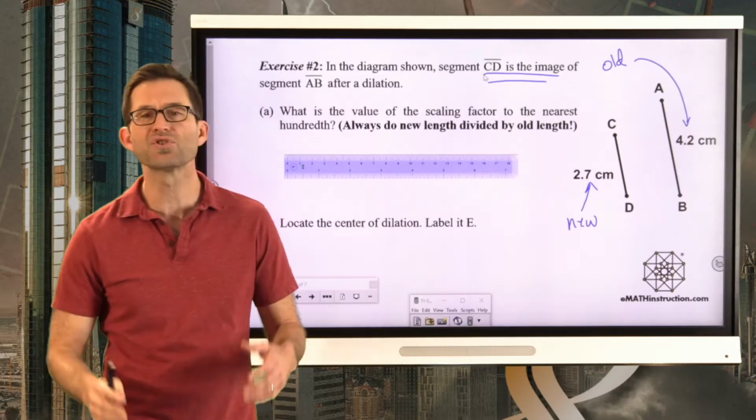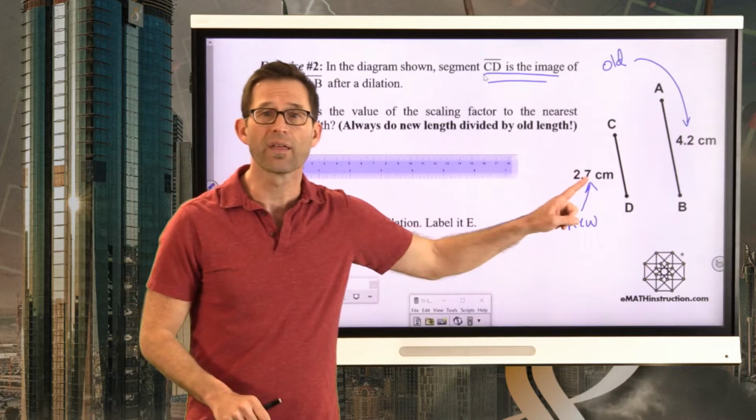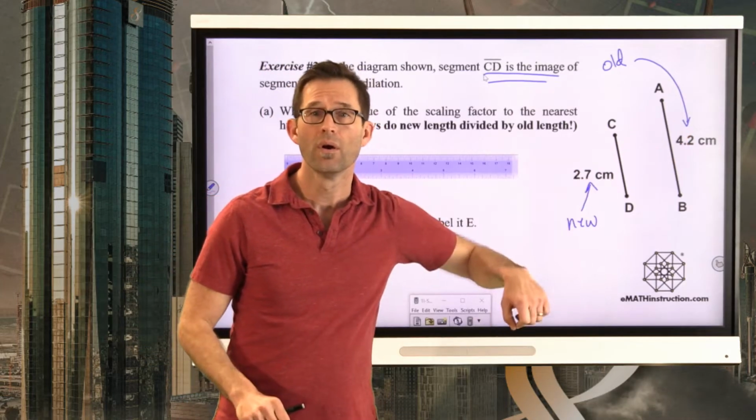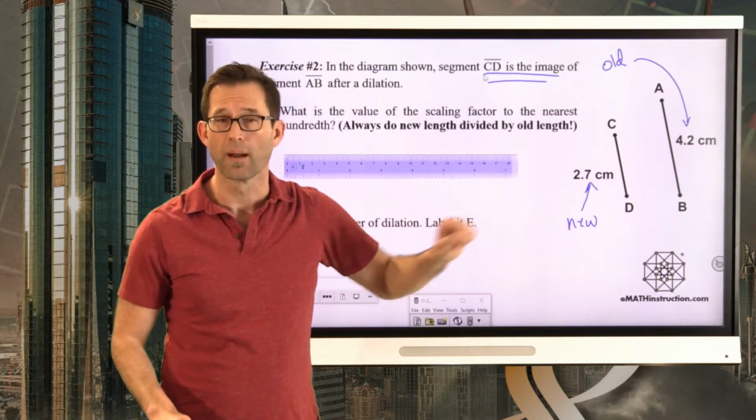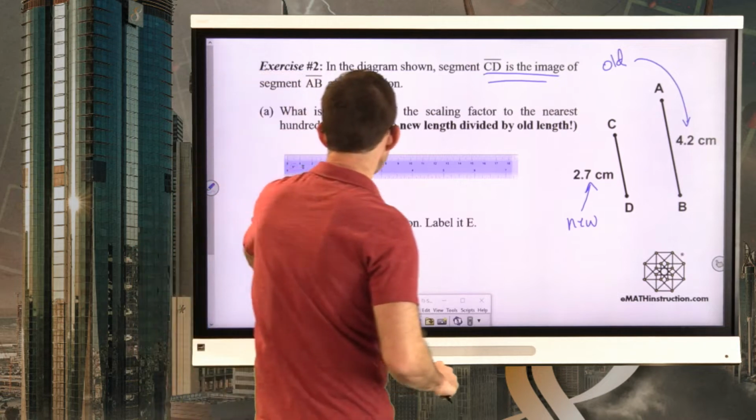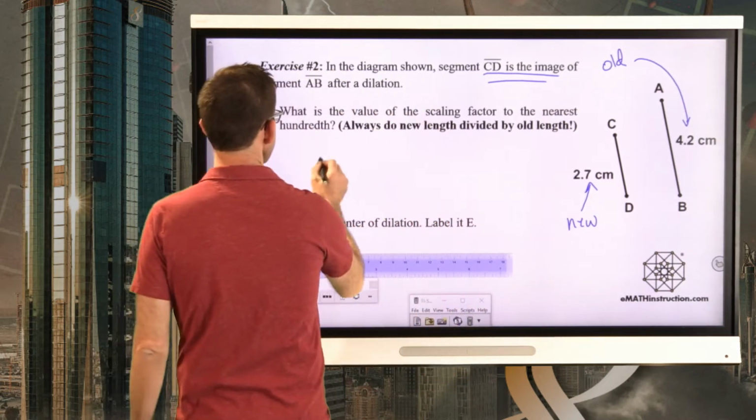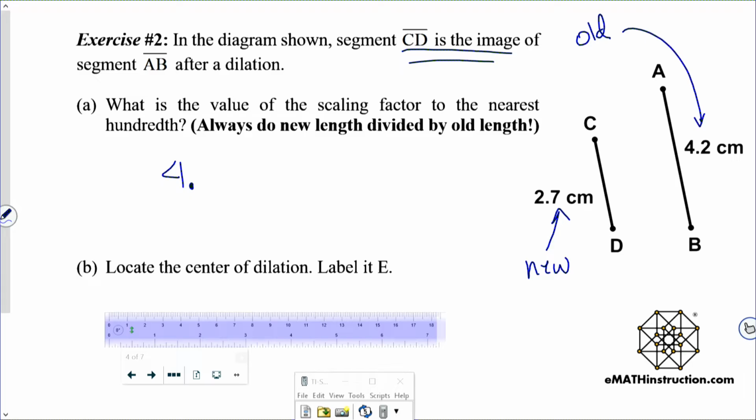That is so critical because you're either dividing this number by this number or the other way around. The way a scaling constant works is we're always taking the old distance times that constant to get the new distance, and therefore the scaling constant is always that new distance divided by the old one.